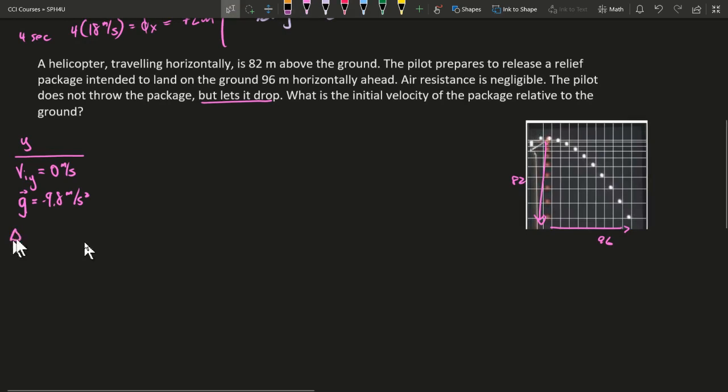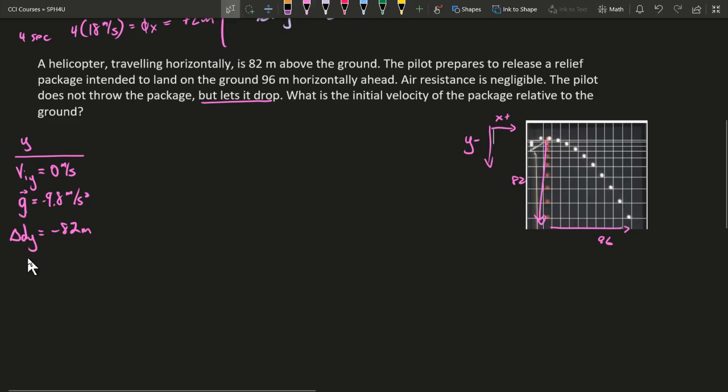We also know that my vertical drop is going to want to be negative 82 meters. That's what I know. Basically, I'm saying that this is the y negative direction. And I'm going to make this the x positive direction. Okay?